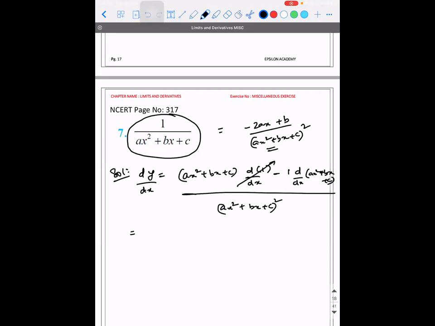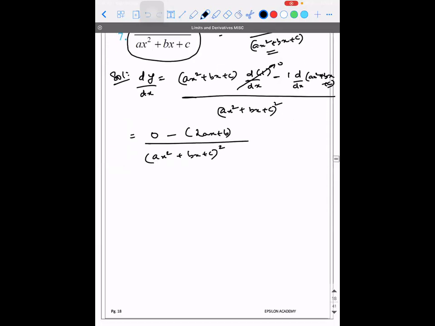This one is 0. So 0 minus of 2ax plus b, the whole divided by ax square plus bx plus c, the whole square.